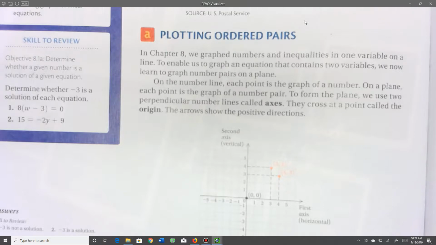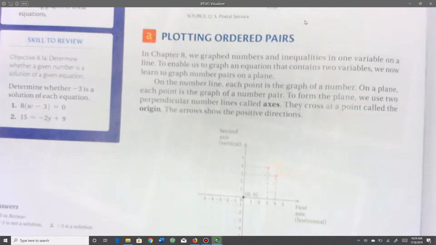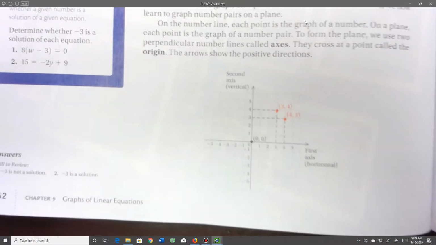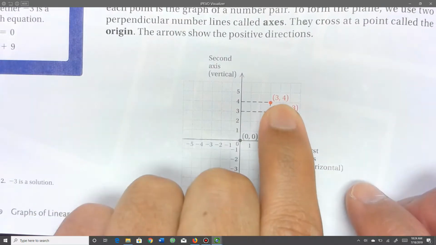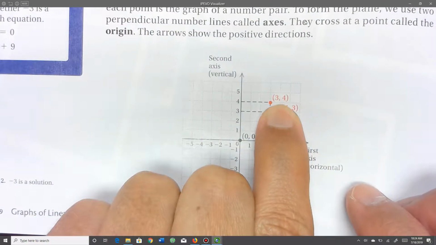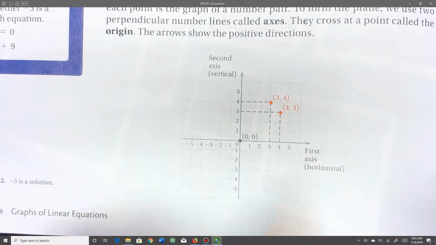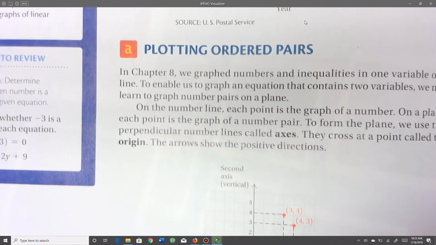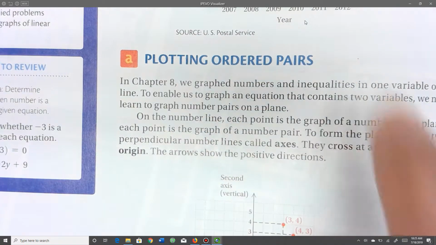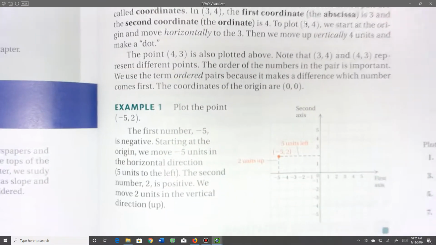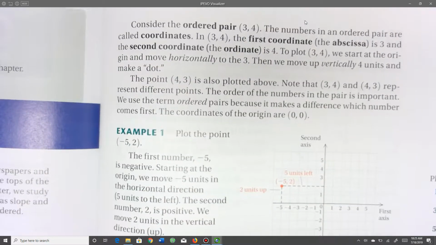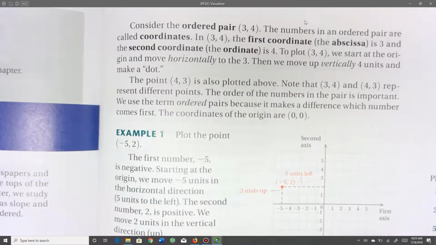Plotting ordered pairs all that means is they're going to give you a pair of numbers. In this case, it is called an ordered pair, and you need to know that, you need to memorize that.